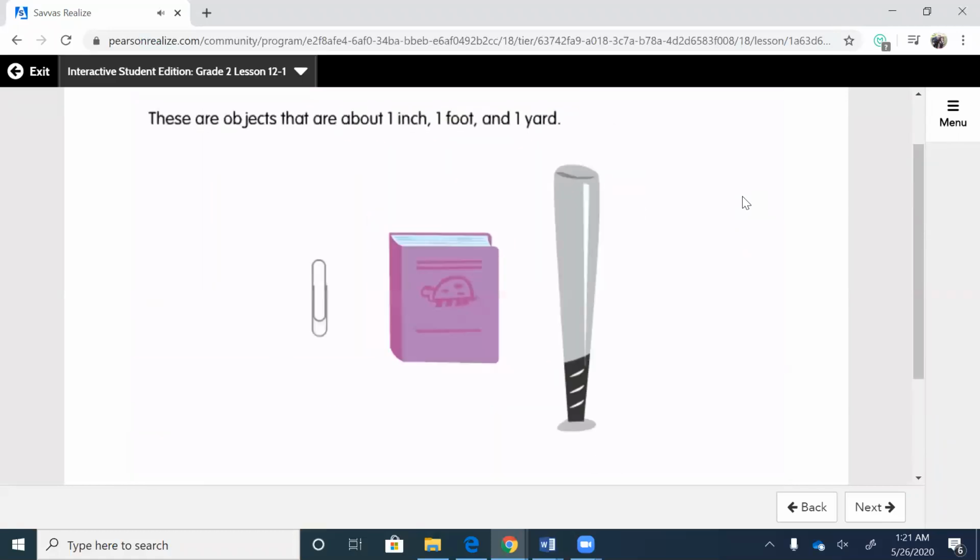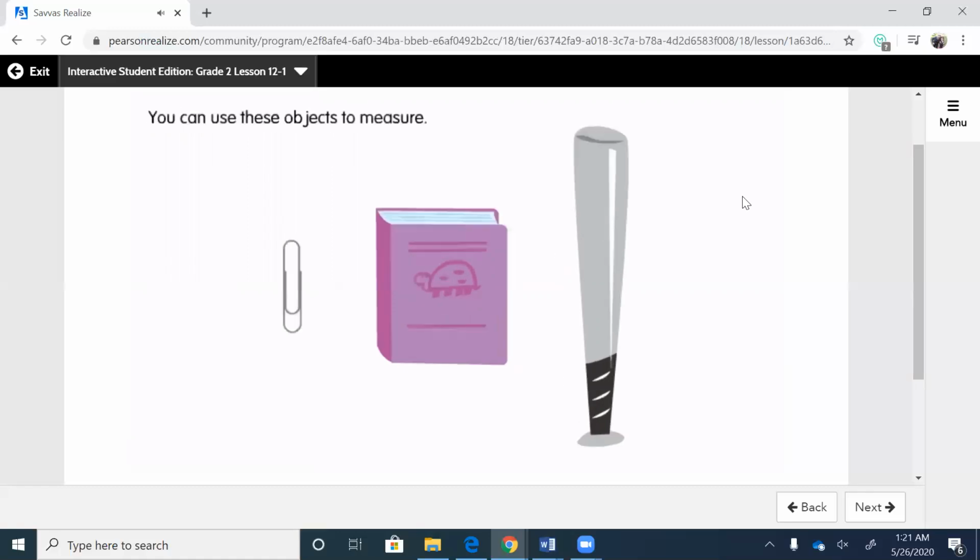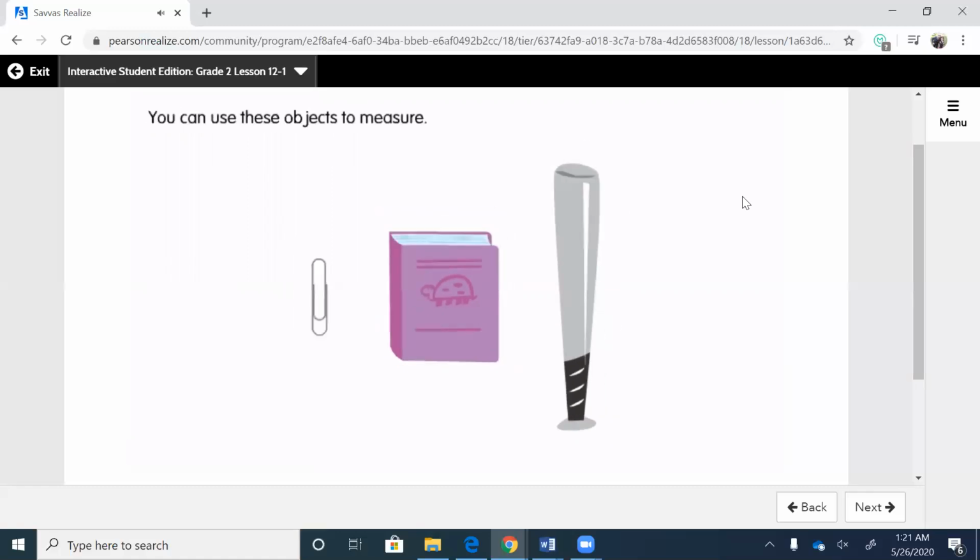These are objects that are about 1 inch, 1 foot, and 1 yard. A paper clip is about 1 inch long. A book is about 1 foot tall. A baseball bat is about 1 yard long. You can use these objects to measure.